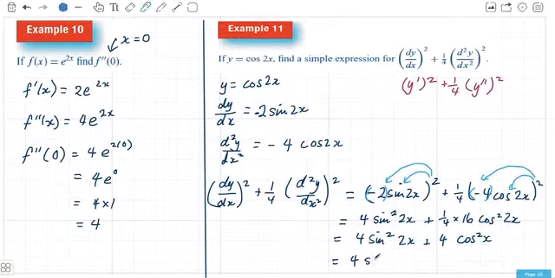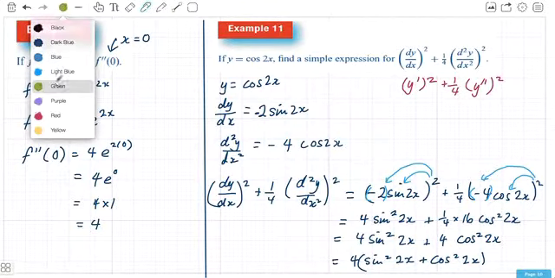You can see what's going to happen, which is quite beautiful: the 4 is in common and can factor out. Oops, I've missed a 2 in that one above, just put the 2 back in. Now I've factored out the 4, and we've got sine squared 2x plus cos squared 2x.